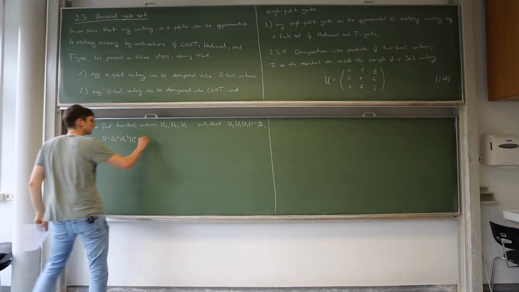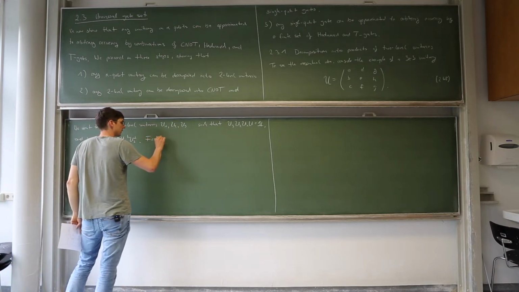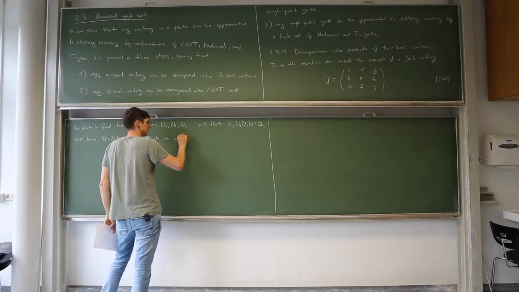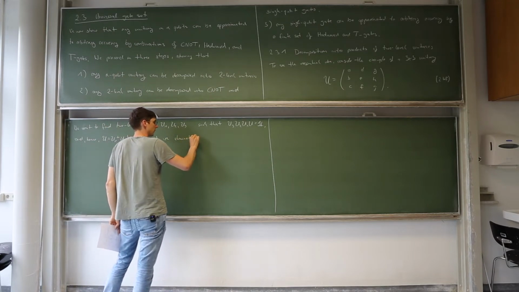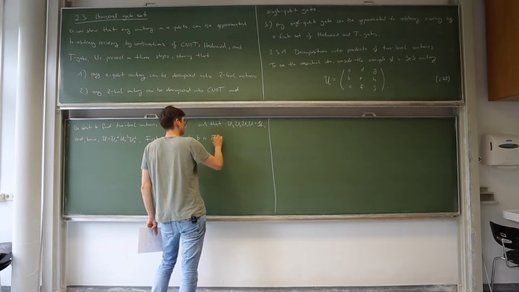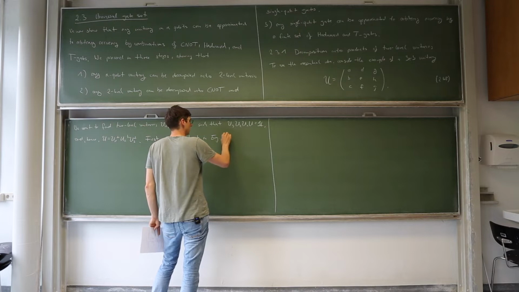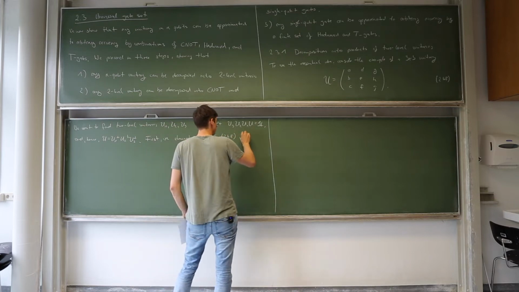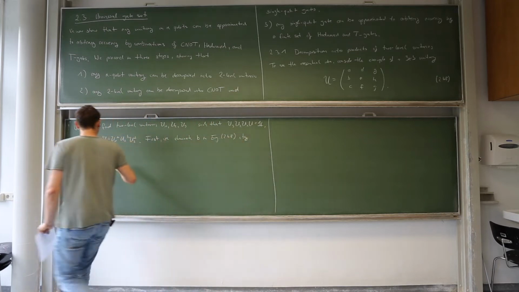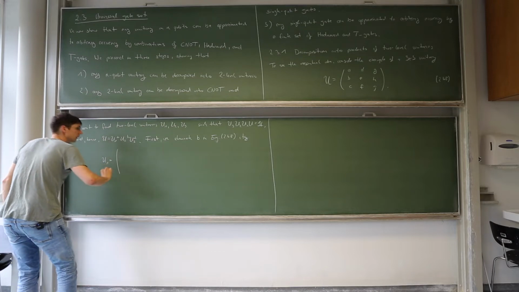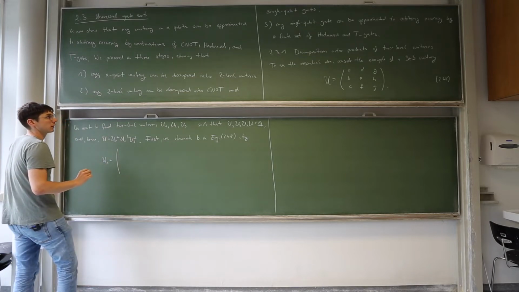So first we eliminate B in equation 2.48 by multiplying with U1.